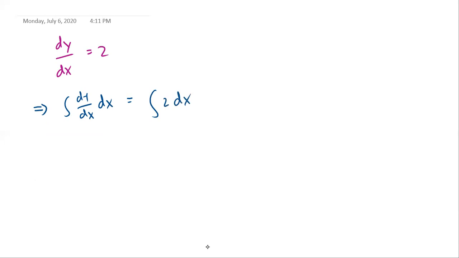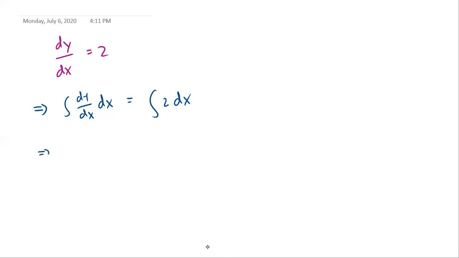Now, what's an antiderivative for dy/dx? Well, we know easily what one of them is. y is an antiderivative of dy/dx, because by definition, dy/dx is the derivative of y with respect to x.